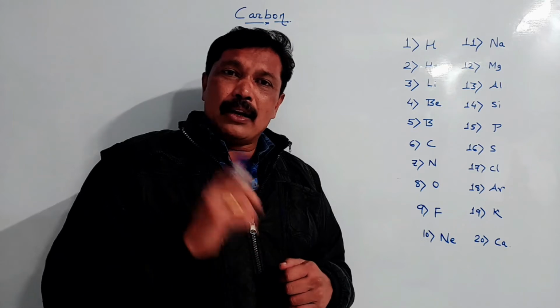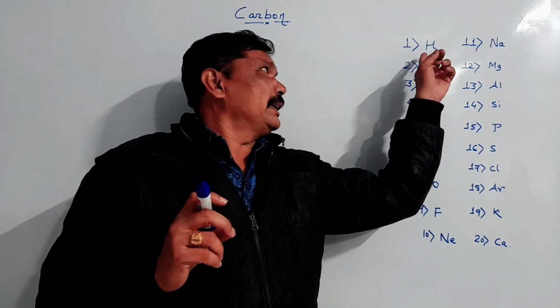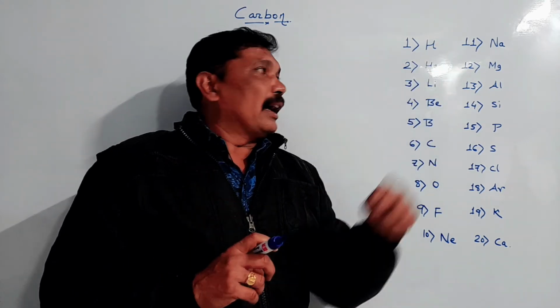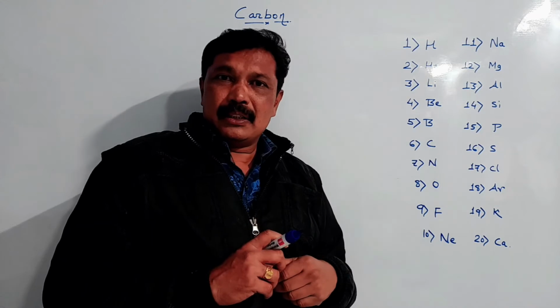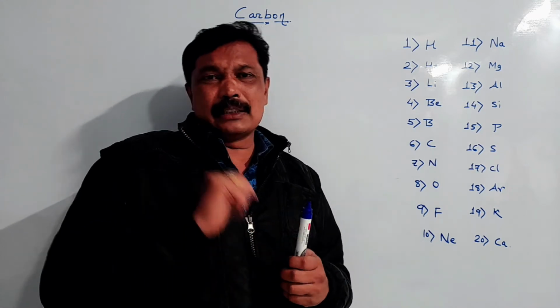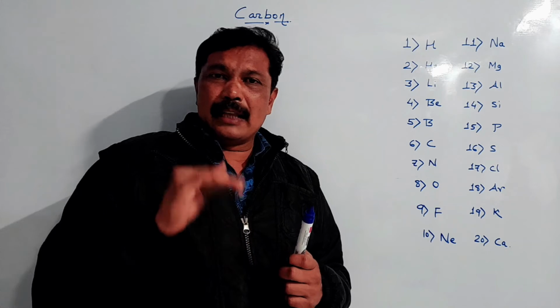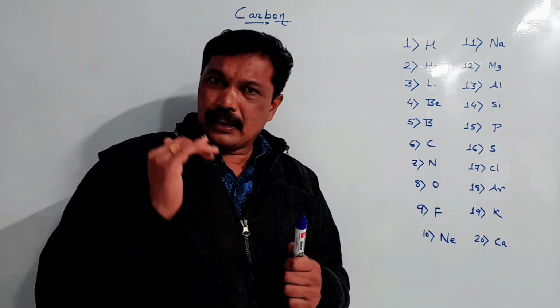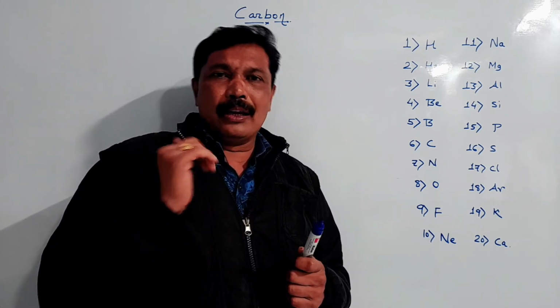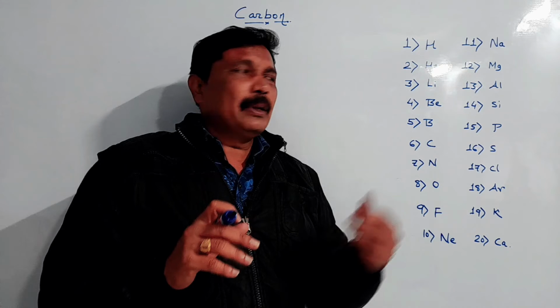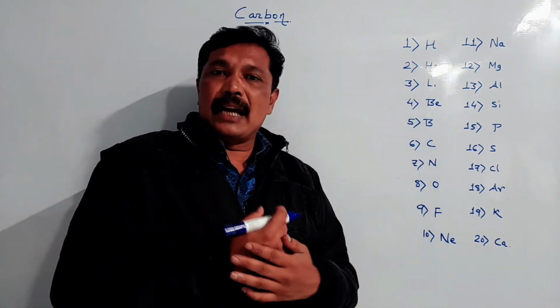Here hydrogen is represented by H, and the next is helium. In this case two letters are taken. The first letter is written as a capital and the second letter is written in small letter. So helium can be represented by He.